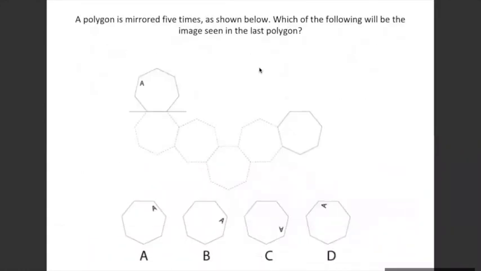Okay, so here you are given this heptagon. Now this polygon is mirrored on this side, mirrored again to form this shape, mirrored again to form this shape, mirrored again to form this shape, and then again mirrored to form this final shape. What will be the position of this A, which is written here, in this final place?